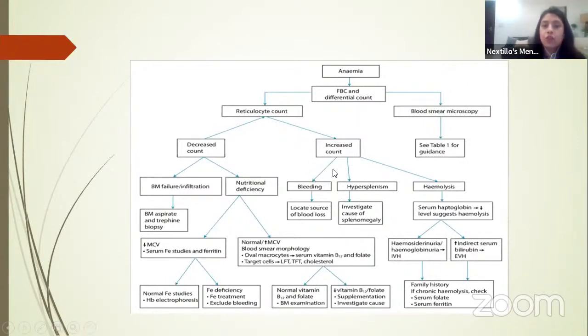So there is no problem per se in the formation of RBCs. So it can either be due to destruction, that is hemolysis, or hypersplenism, or there can be bleeding. And we also do a blood smear microscopy to see what kind of cells are seen on the smear to determine the kind of RBC and help us with the diagnosis.